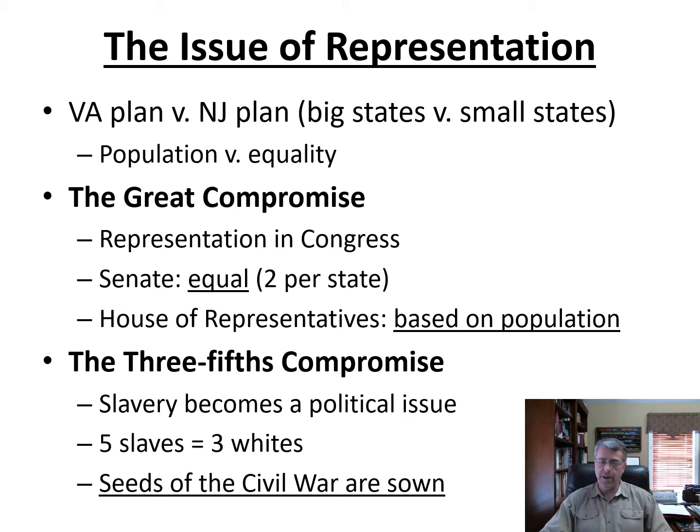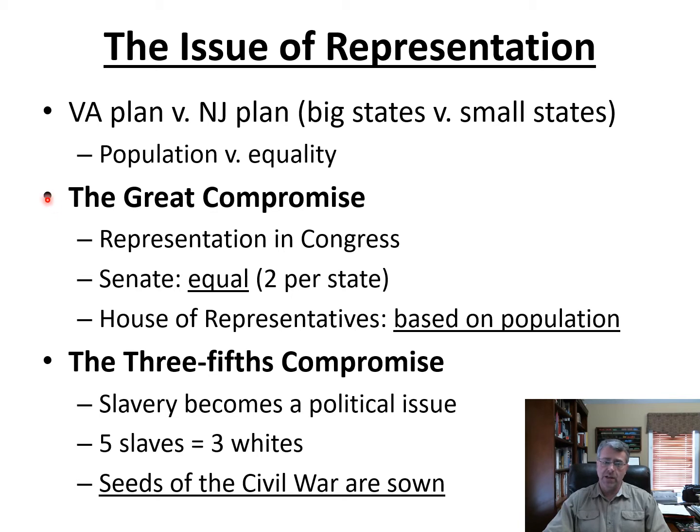So after much debate, we finally come to an agreement, a compromise, the Great Compromise. And this is important on a couple different levels. One, it solves the issue of representation in the immediate context, allowing the delegates to continue their work on drafting the Constitution, but it also sets a precedent for the future of how American politics will be conducted.